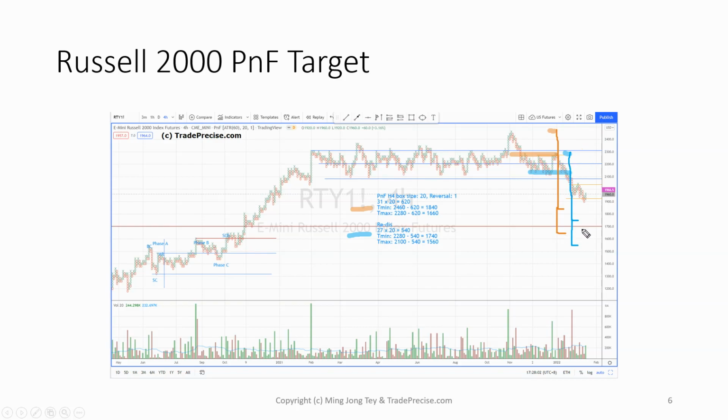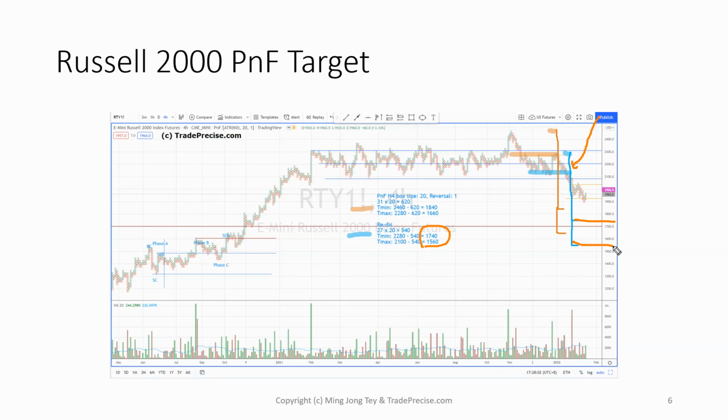The first segment gives us somewhere around 1660 to about 1840. So this is the first price target zone that we can expect. And the second segment here, based on the blue segment, is somewhere around 1560 to 1740.